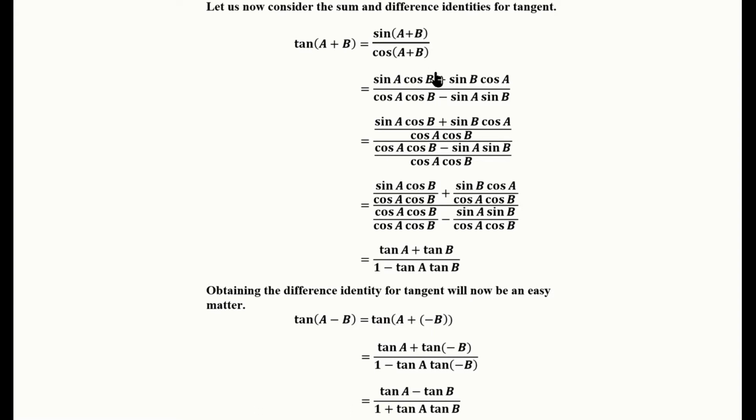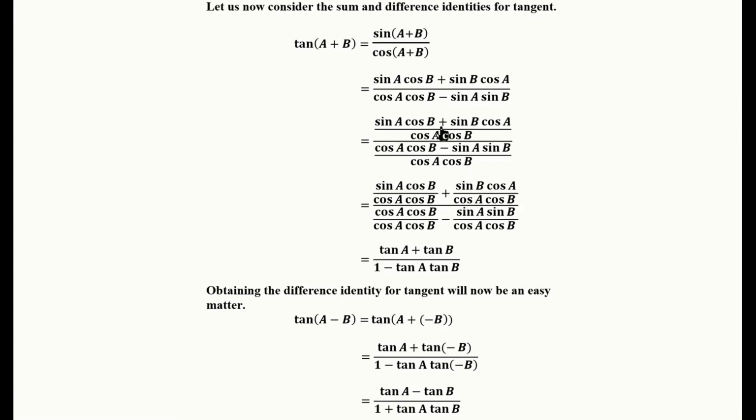notice that that would leave this cosine here, which we would not want if we just want to get a simple tangent. So we'll go ahead and divide by cosine a to get the tangent there, and then cosine b to cancel that out. So we'll divide the top and bottom of this fraction by that expression, cosine a cosine b.